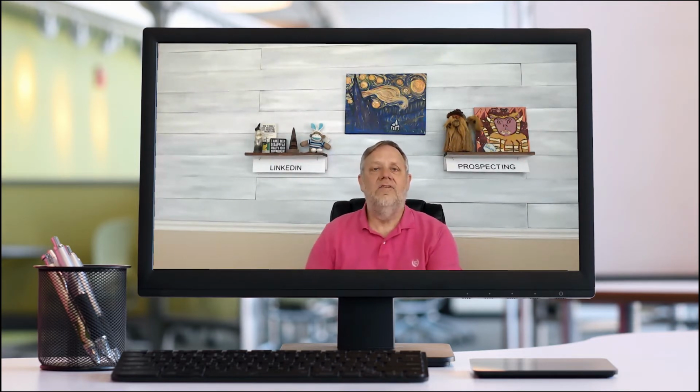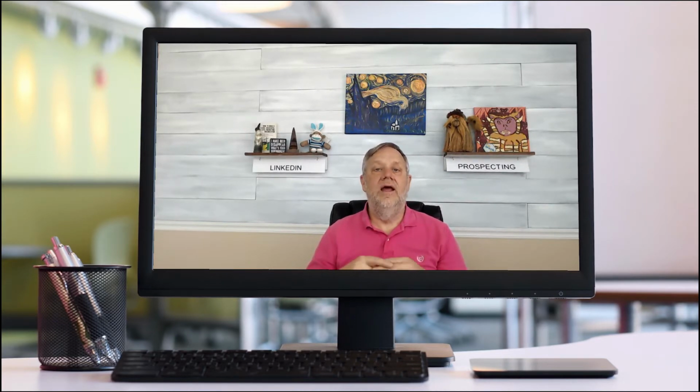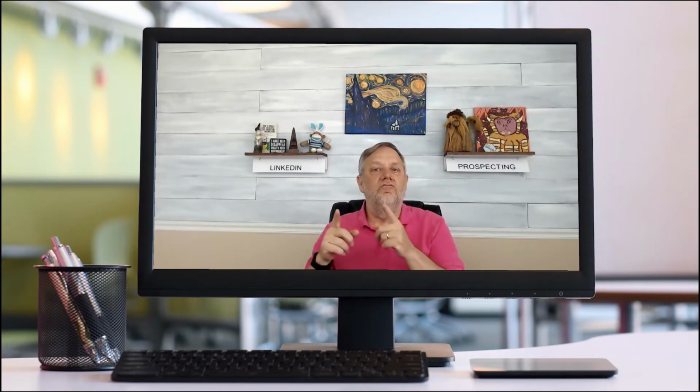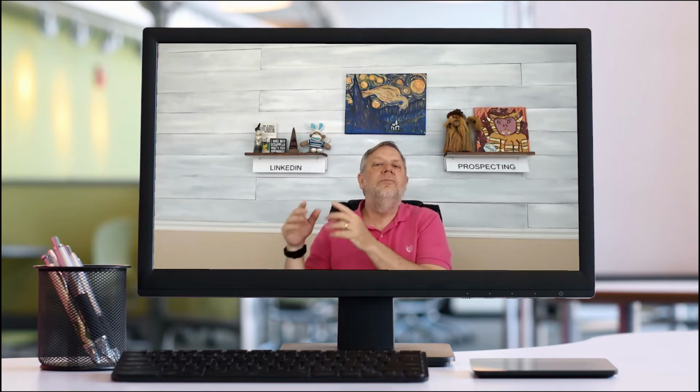So you can do that search, but then you've got to go in and look at all the people in those companies to find the right person. So instead of looking for companies, what you might want to do is create a LinkedIn search and look for individuals in roles, in organization types, in specific regions.